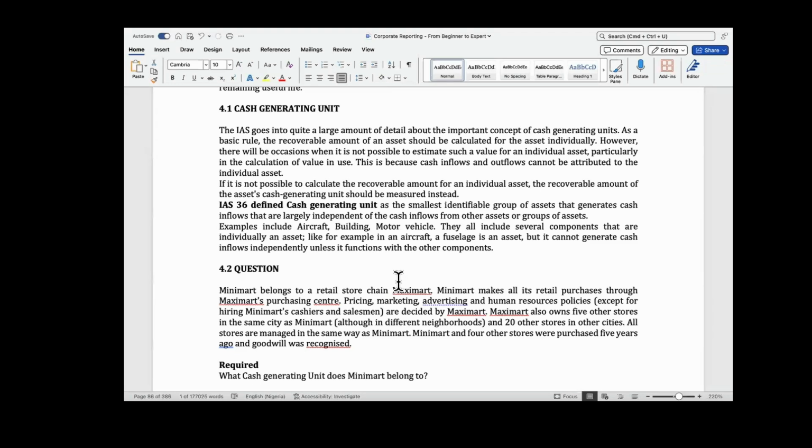And not only the air conditioner, there are other assets like furniture and fittings, laptops, elevators, a lot of assets within companies whose value in use you might not be able to determine. Looking at them individually, they do not generate money, so you cannot attribute cash flow to them.